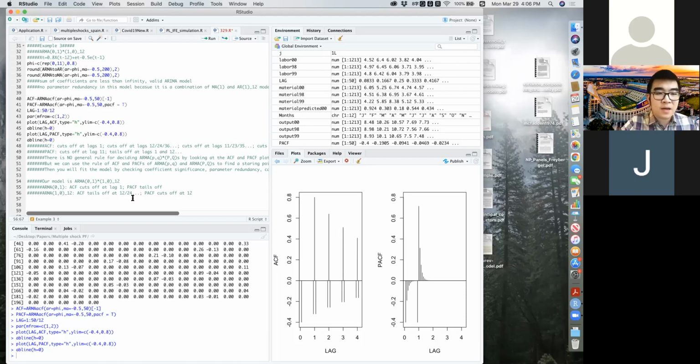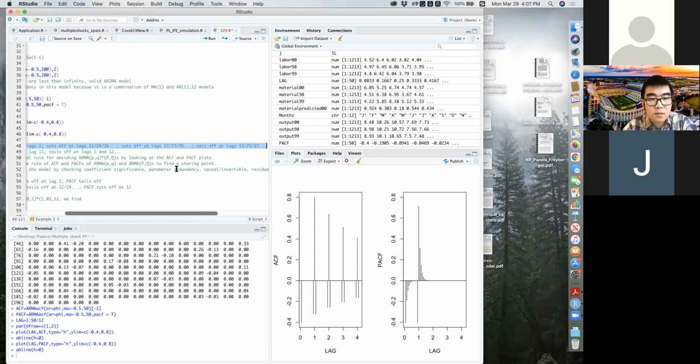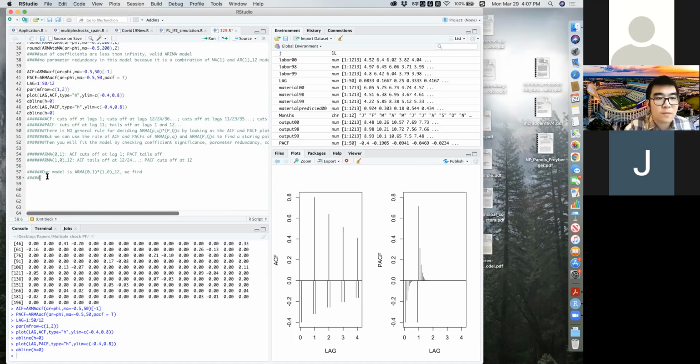Now let's combine what we expect with what we actually saw here. For our model, we find that our ACF cuts off at lag 1.